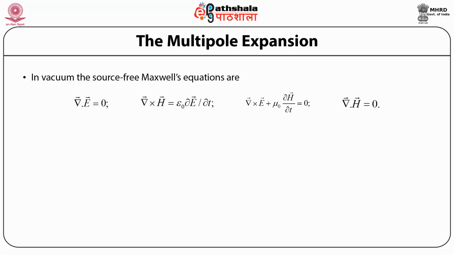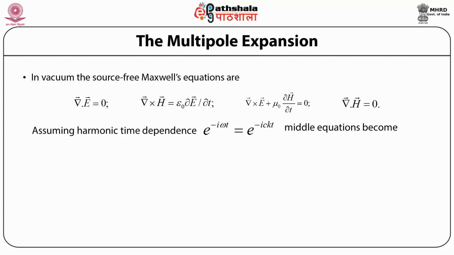So in vacuum, the source-free Maxwell's equations are del dot E vector equals 0, del cross H vector equals epsilon naught del E vector by del t, del cross E vector plus mu naught del H vector by del t equals 0, del dot H vector equals 0.